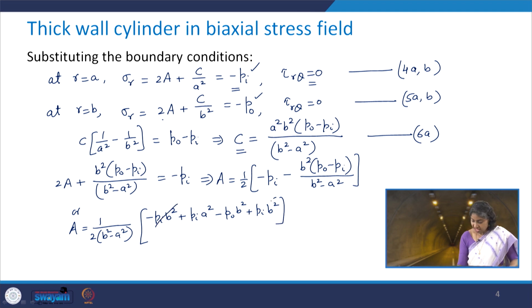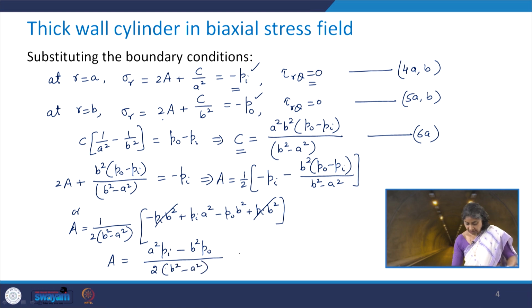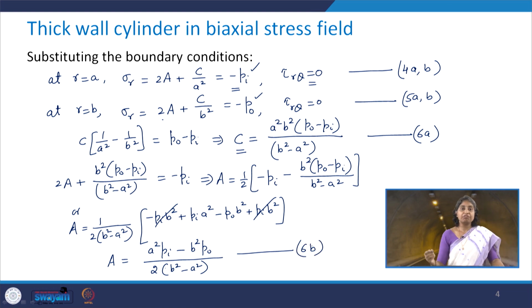So you see this and this will get cancelled out, and finally what you will get is a as a square p i minus b square p naught divided by 2 times b square minus a square. So this will be equation number 6b. This is how we can derive these two constants a and c.